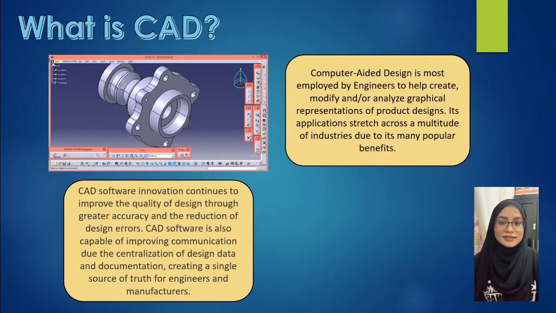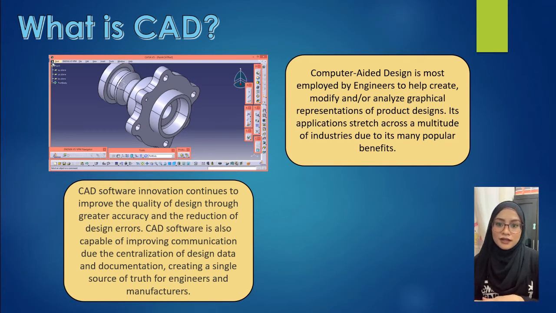So, what is CAD? CAD, Computer-Aided Design, is most employed by engineers to help create, modify, or analyze graphical representations of a product design. Its applications stretch across a multitude of industries due to its many popular benefits.